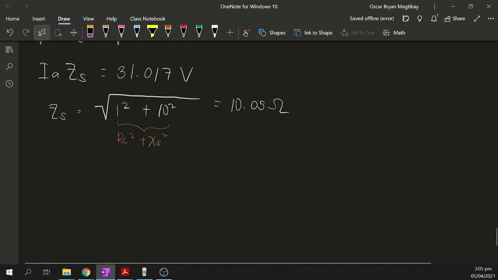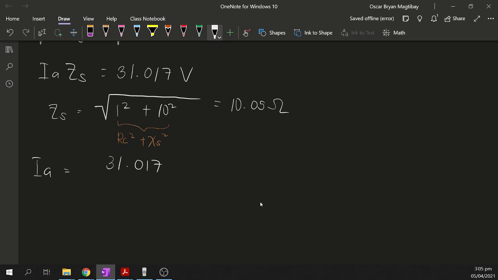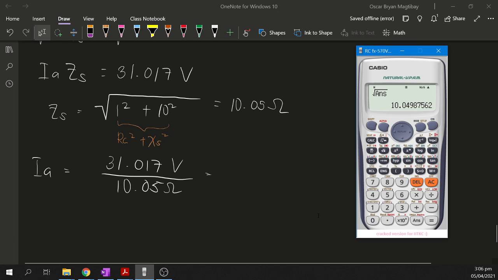Therefore, IA now is equal to 31.017 volts all over 10.05 ohms. So, inverse lang siya times 31.017.